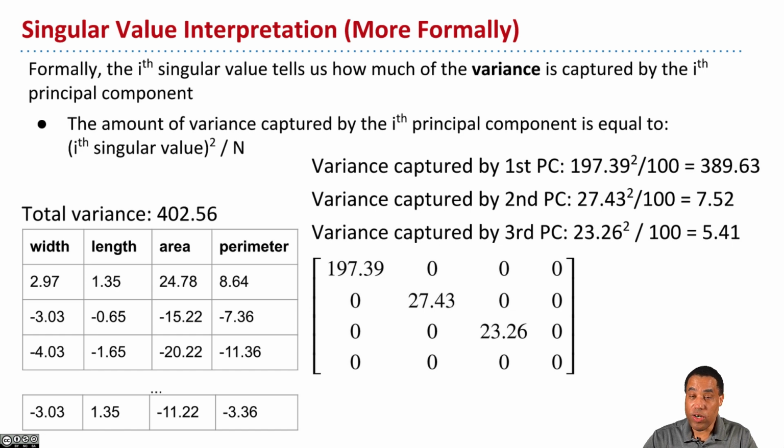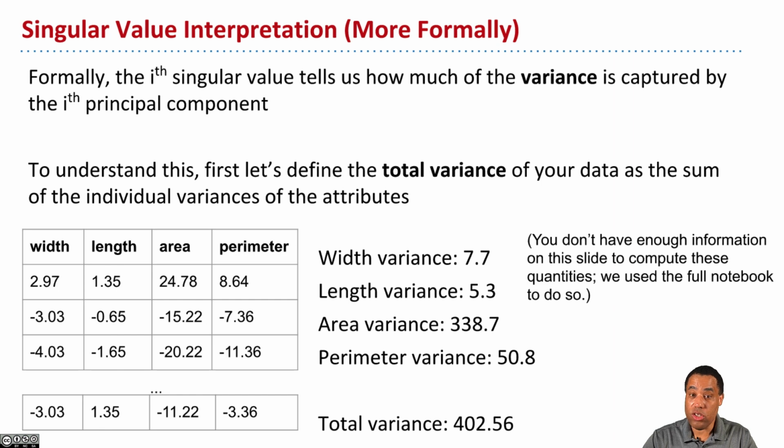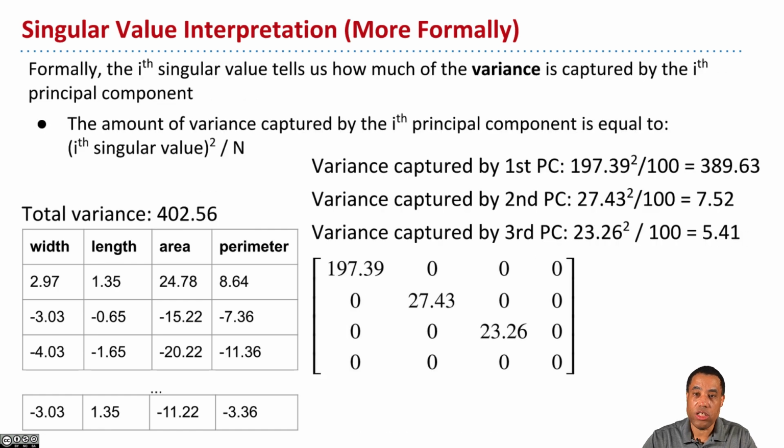And finally, the variance that we capture with the third principal component is 23.26 squared over 100, which is 5.41. Now, if we sum up all of those variances, we end up with 402.56. But again, remember, that was actually the total variance that we had for our original data set. Okay? So now you can see the relationship between the variance that gets captured by the ith principal component and our overall total variance for our data set.